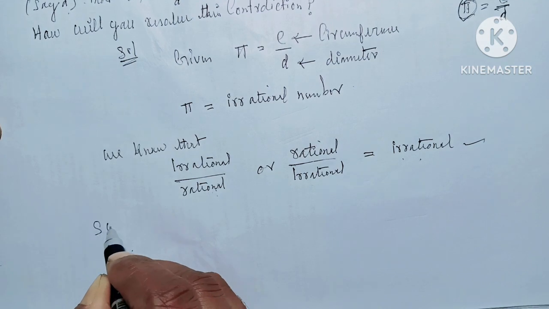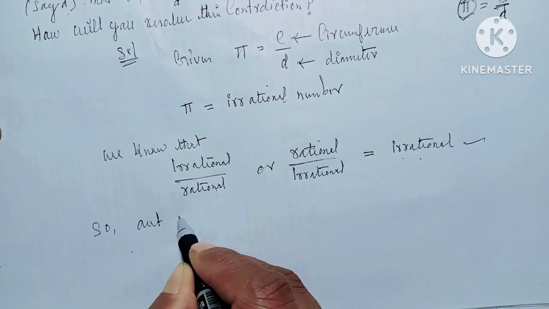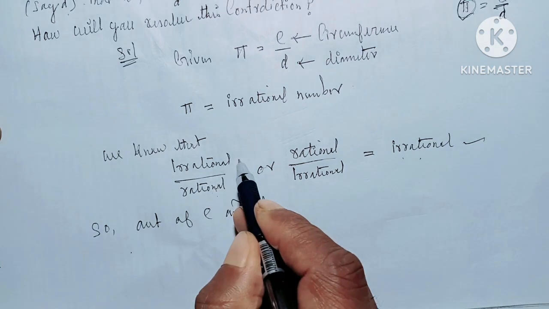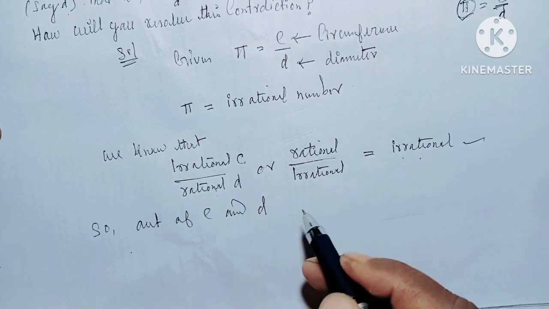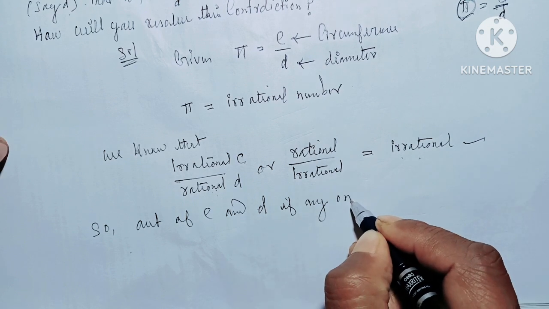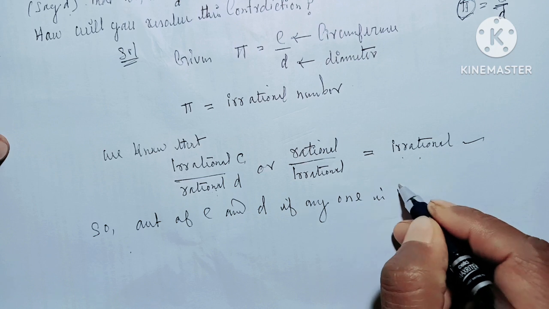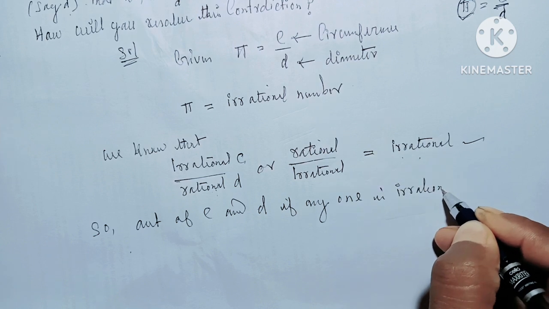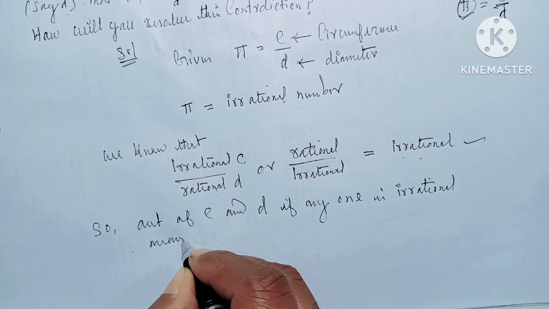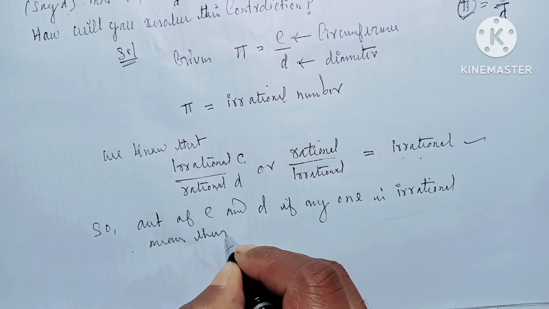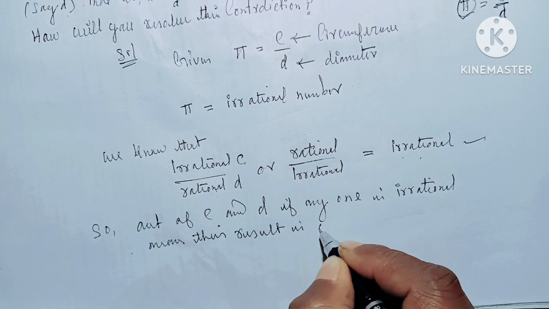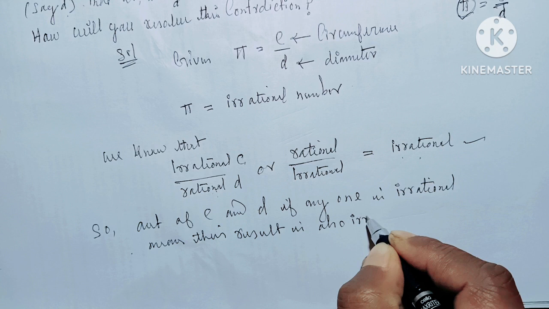So we can say that out of C and D, here is a C, here is a D, if any one is irrational, then their result is also irrational.